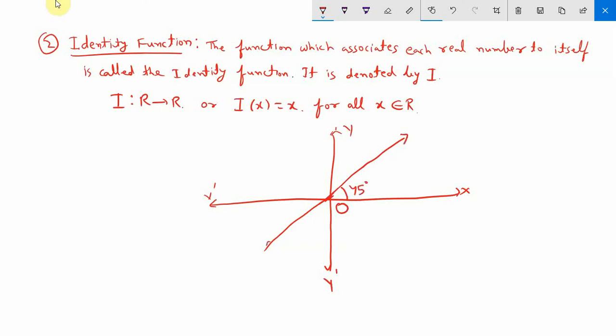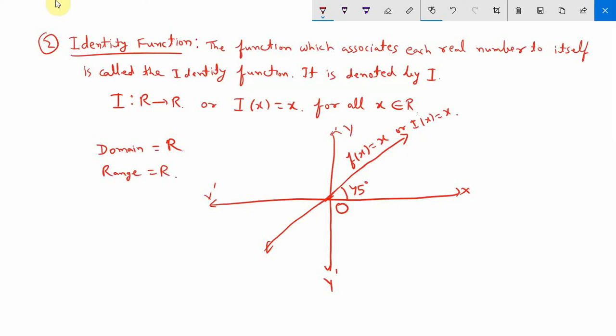So this graph is f(x) equal to x or I(x) equal to x. Okay. The domain and range of the identity function will be R for both. So domain equal to R and range is also R.